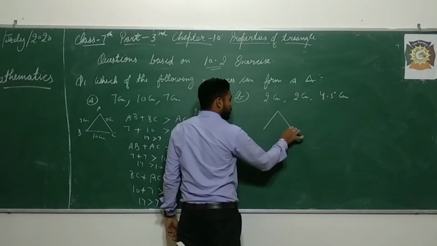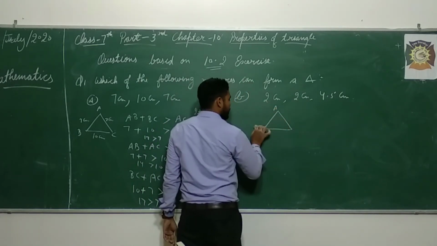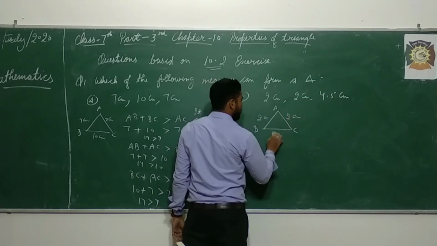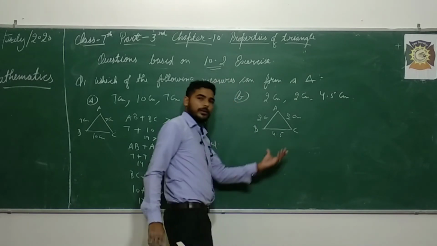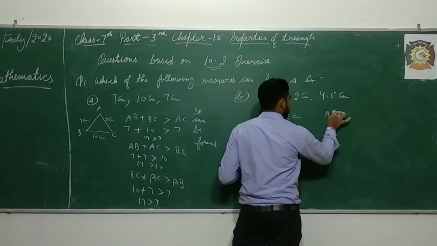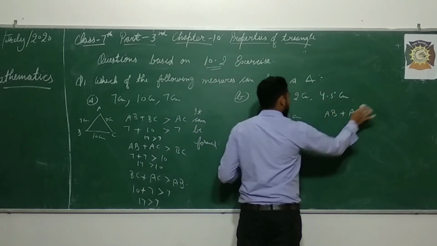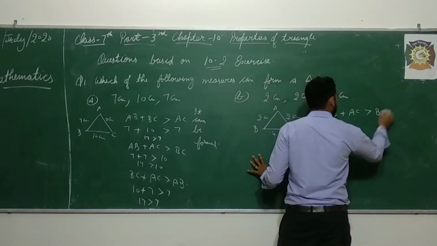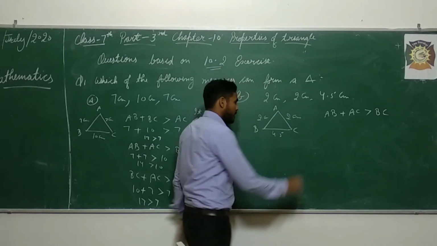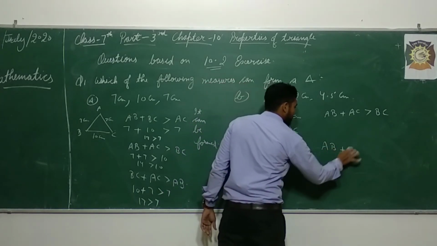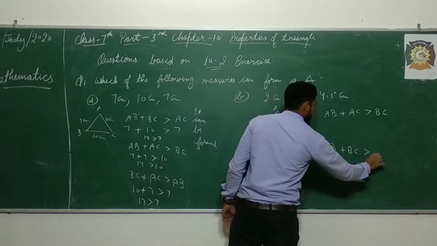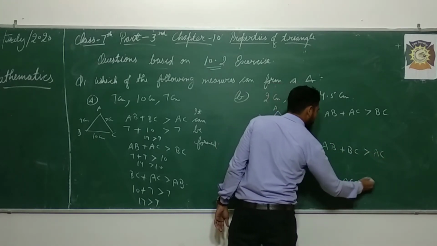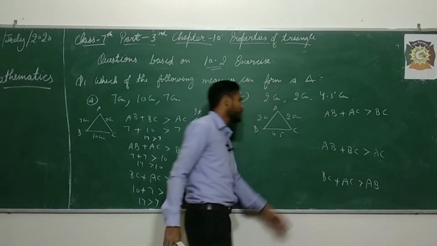Here you have to first draw a rough triangle with sides 2 centimeter, 2 centimeter, 4.5. First of all, I am writing AB plus AC greater than BC, AB plus BC greater than AC, BC plus AC greater than AB. Now, first of all, put the values.